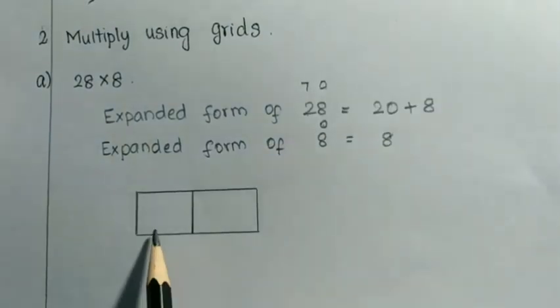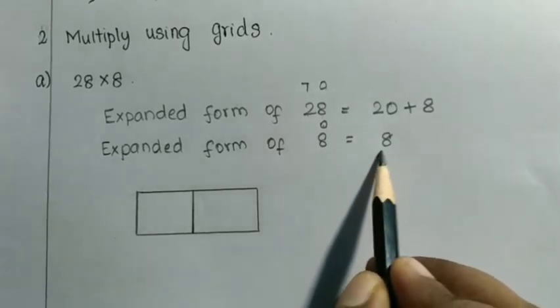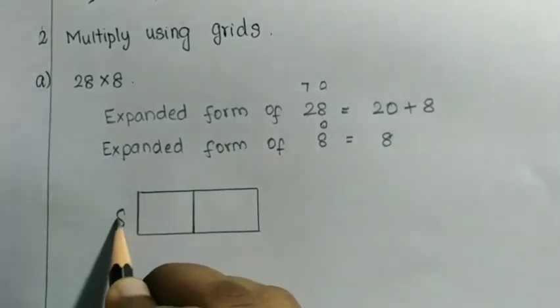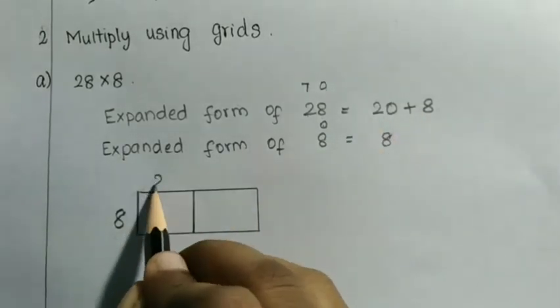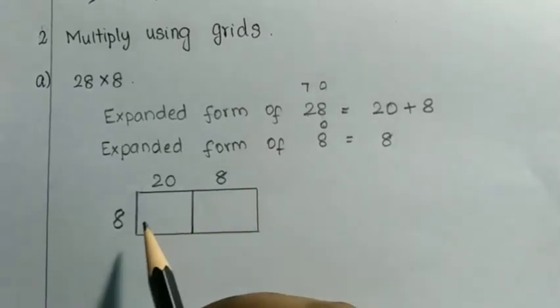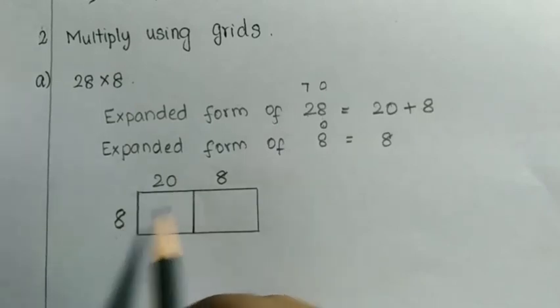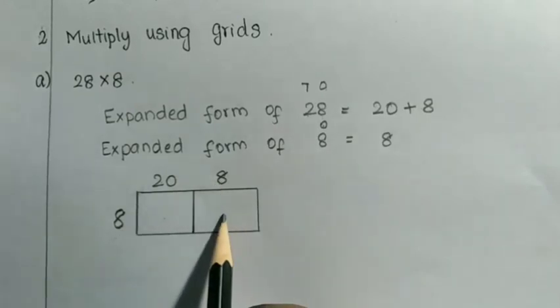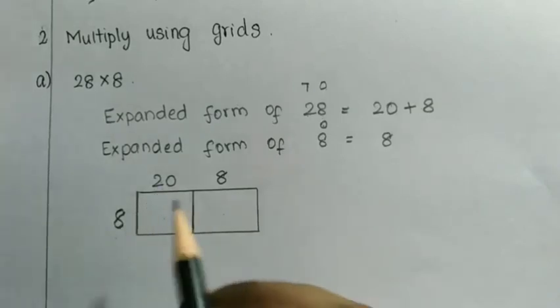Draw the grid using the scale, children. Now write the multiplier over here and the expanded form of the multiplicand over here. Now we have to multiply these two numbers and write in this box, and these two numbers and write in this box. So what is 8 multiplied by 20?